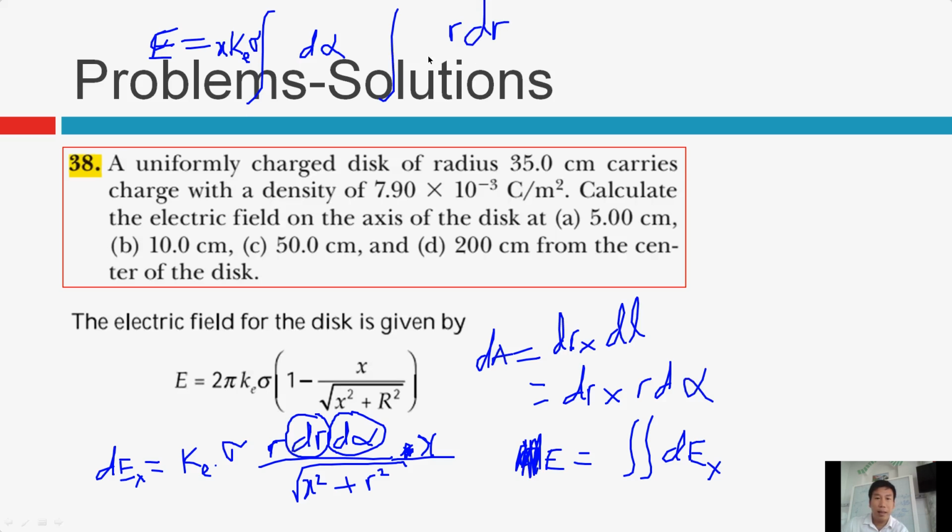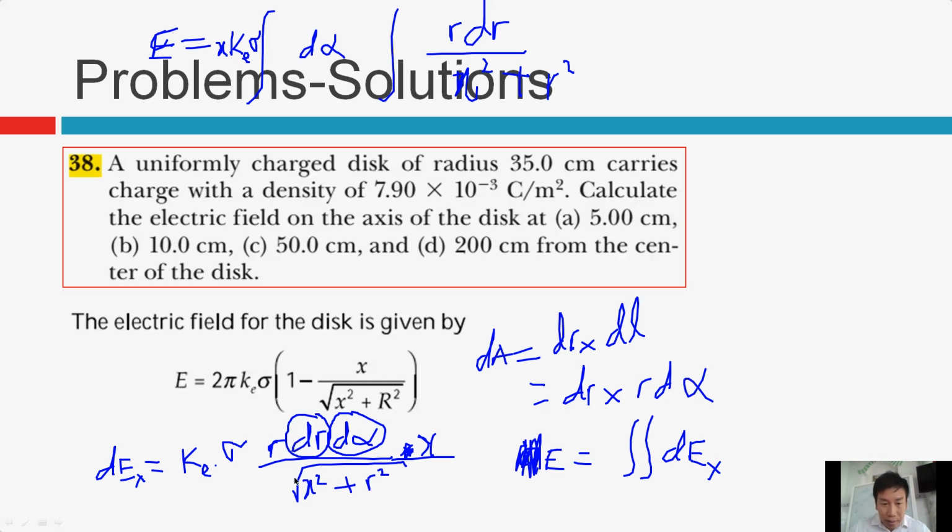And r dr is divided by s squared plus R squared. Sorry, previously this is not just squared.